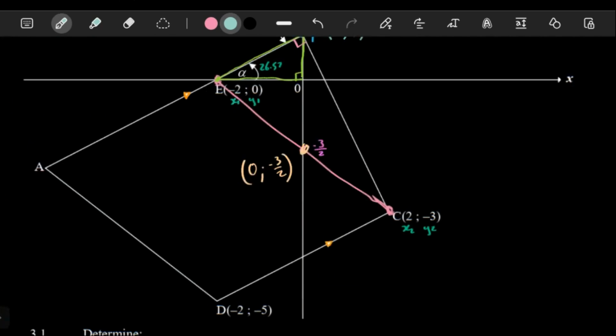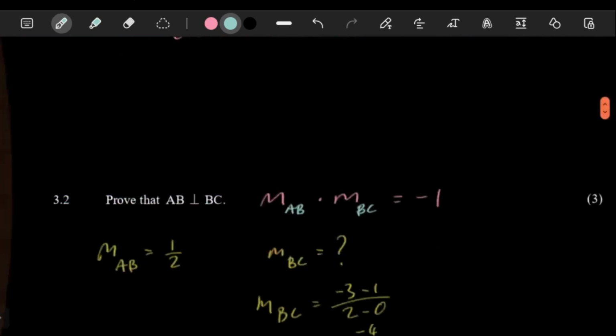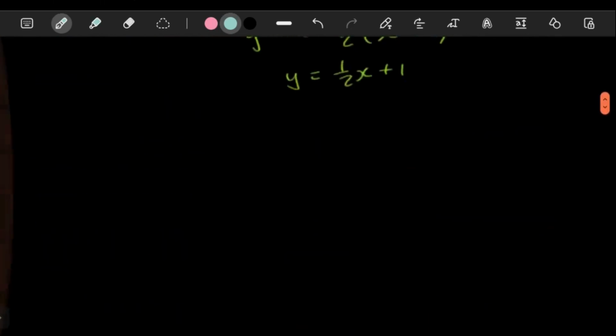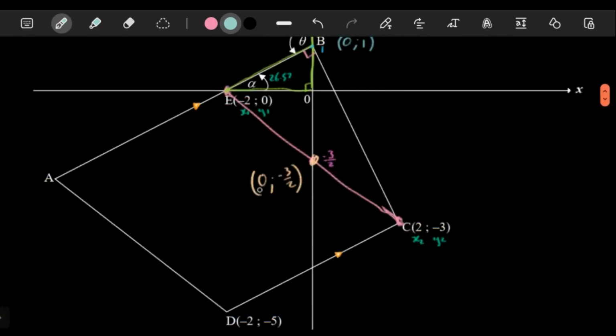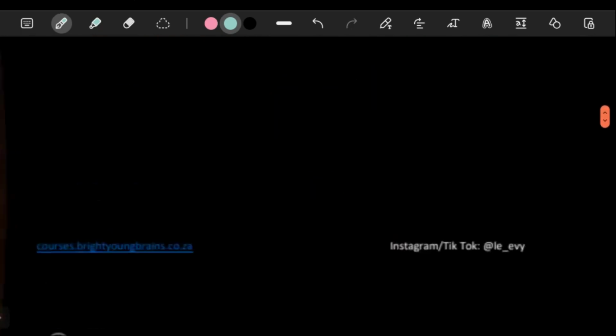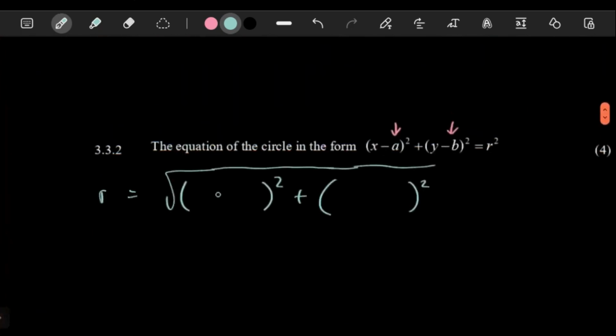So for the first bracket, we're going to say -2 minus the 0, and then 0 minus the -3/2. So how is that going to come out? It is going to be -2 minus the 0, and then 0 minus the negative 3 over 2. So a minus and a minus will give us a plus.